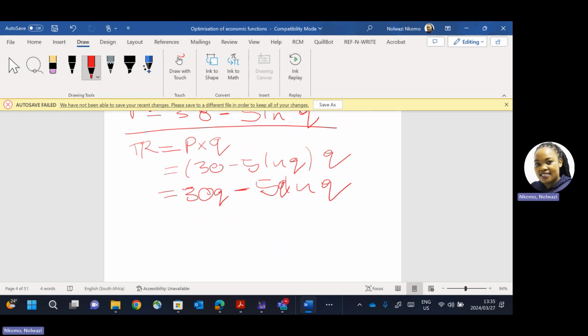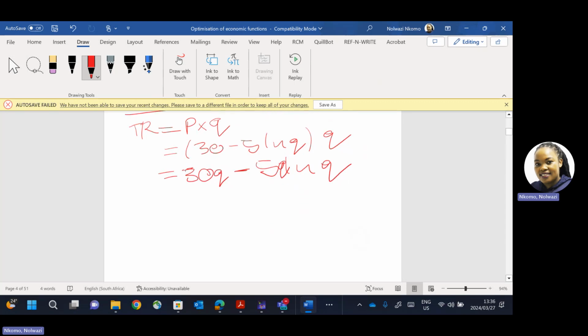But they said we should find the total revenue at maximum or minimum, right? Okay, let's see what we can find. We need to find the turning point of the total revenue. To find the turning point, we need to differentiate the total revenue and equate the derivative to 0.